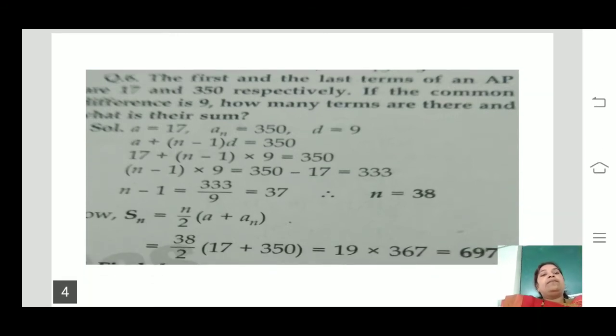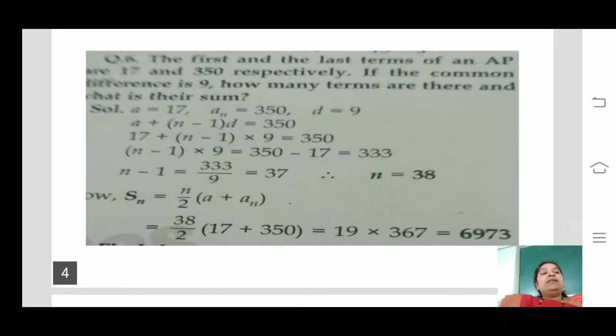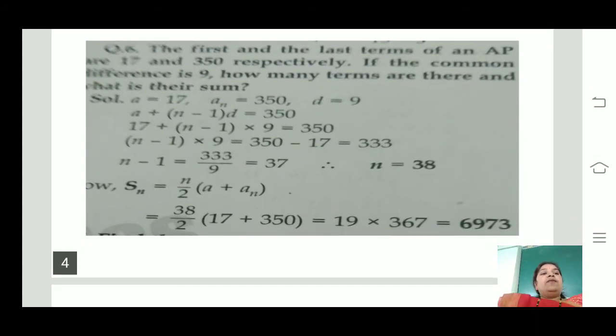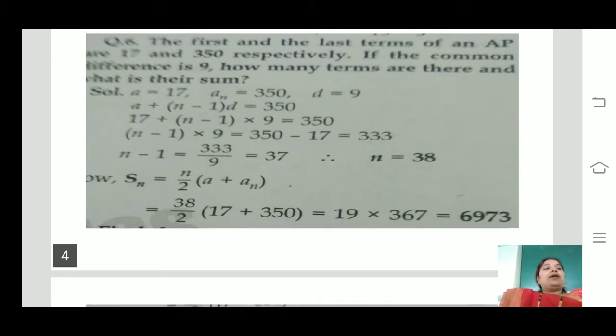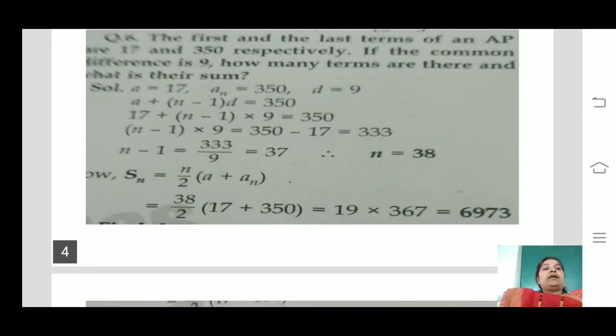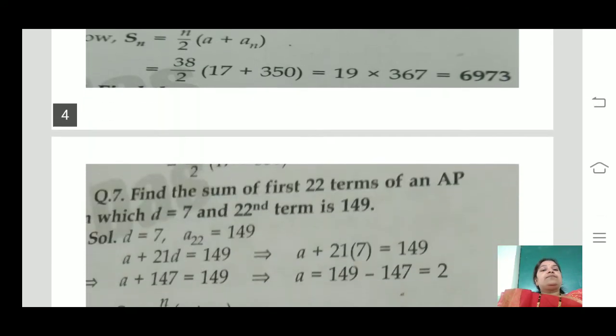First we will use formula for an, that is a plus n minus 1 into d. Replace all the values known, n will be equals to 38. Now let us use formula for Sn. Here we are using second formula for Sn, that is n by 2 in bracket a plus l. Simplifying we get Sn equals to 6973.